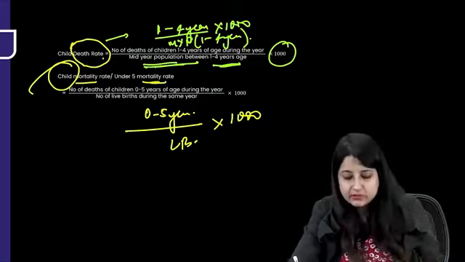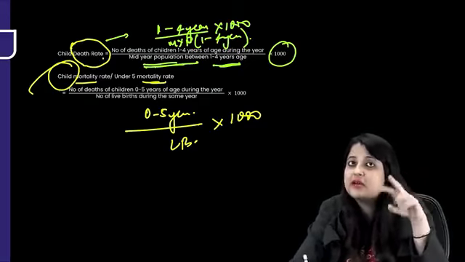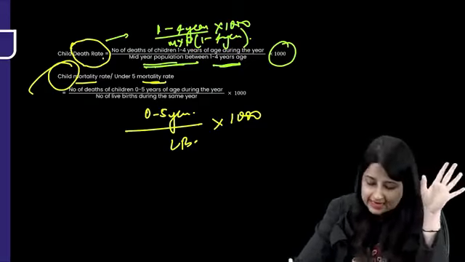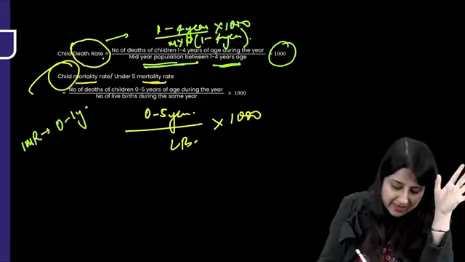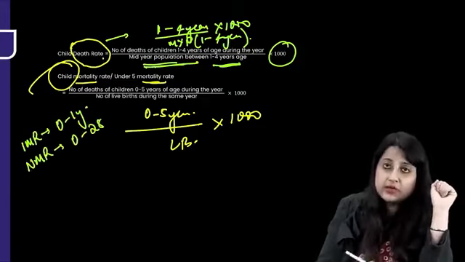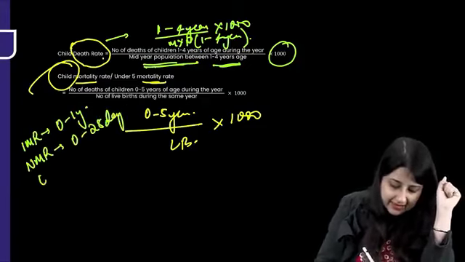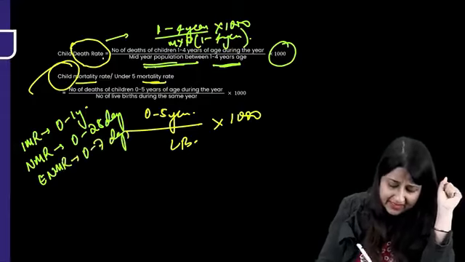Okay, so this is important. What did you see? That in pediatrics, everywhere the multiplier is 1000, and the denominator so far is live births. Okay, in infant mortality rate, death is 0 to 1 year. In neonatal mortality rate, death is 0 to 28 days. Early neonatal mortality rate is 0 to 7 days.